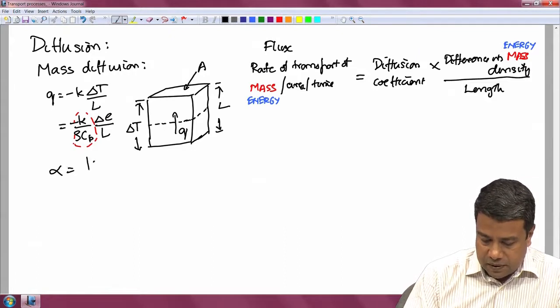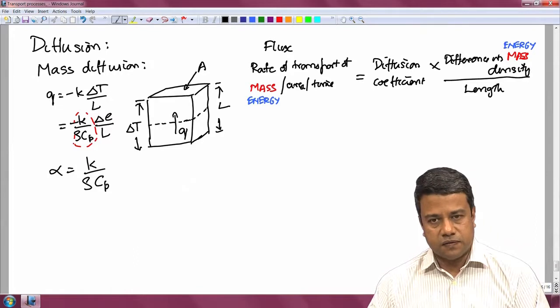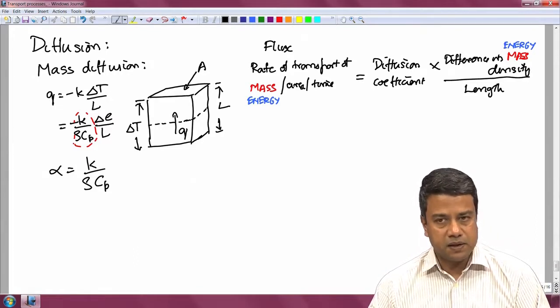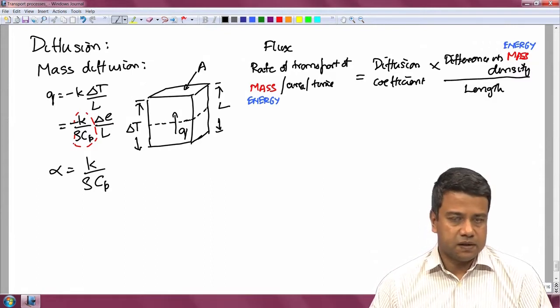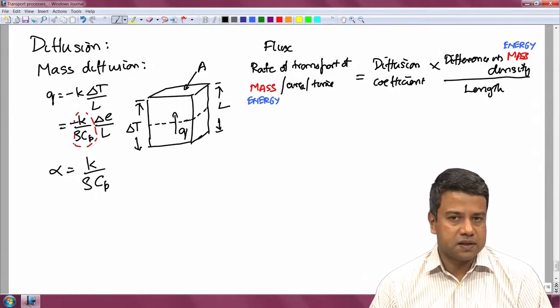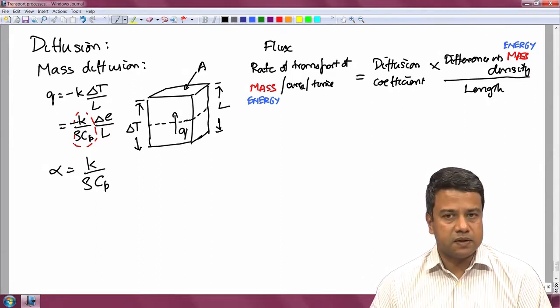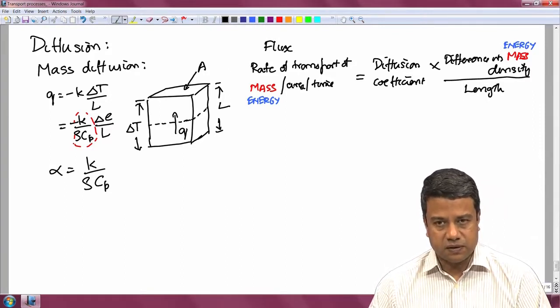Alpha is equal to K by rho Cp. This is a diffusion coefficient for thermal energy. You can quite easily do dimensional analysis and verify that this has dimensions of length square per unit time. So, this is a thermal diffusion coefficient.